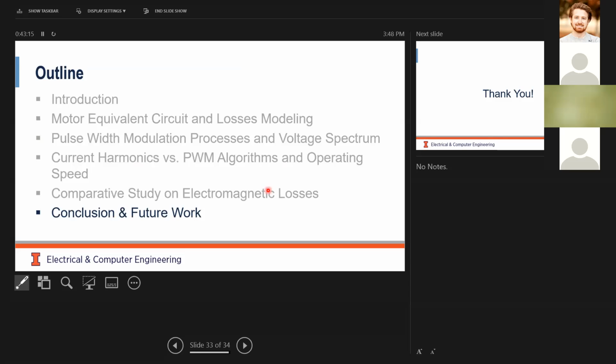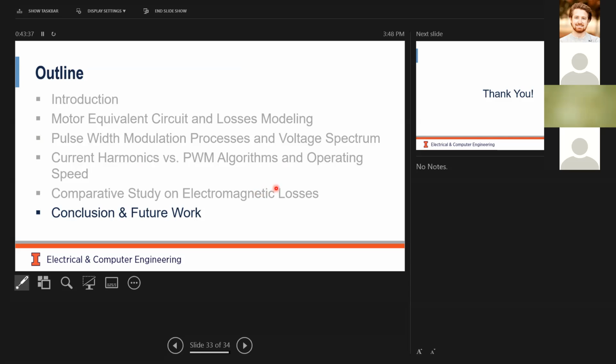So some conclusions. In this presentation, I presented the motor equivalent circuit and the loss modeling of this high specific power motor, and also how to determine the voltage spectrum in the pulse width modulation processes.